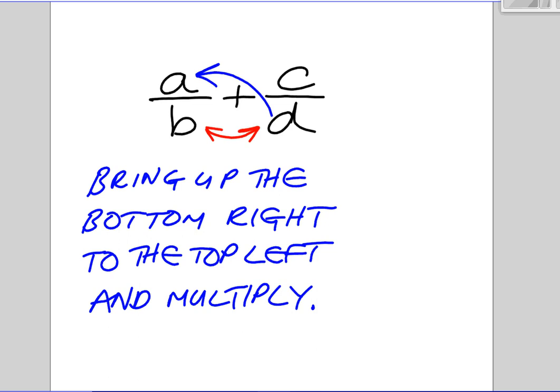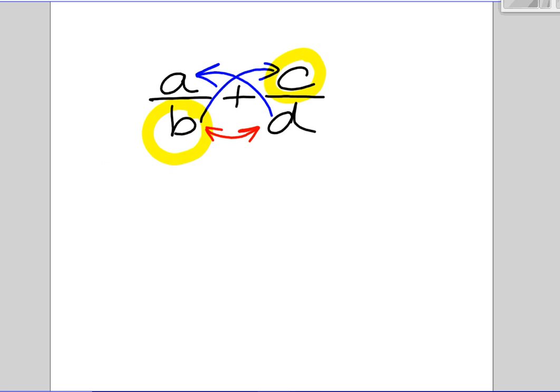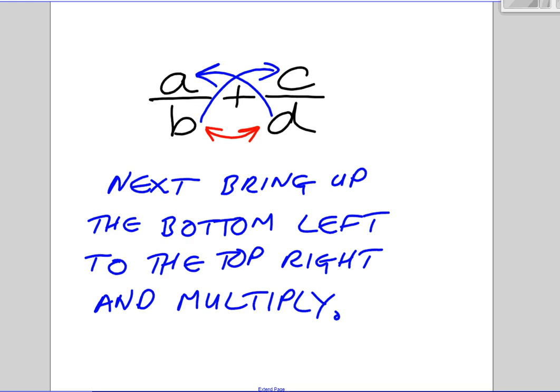So that'll be A times D. Finally, take the bottom left up to the top right, so that's B times C. And so those blue arrows are indicating that we're taking the bottoms up diagonally opposite. And that's what it's just saying to you there, just to clarify it.